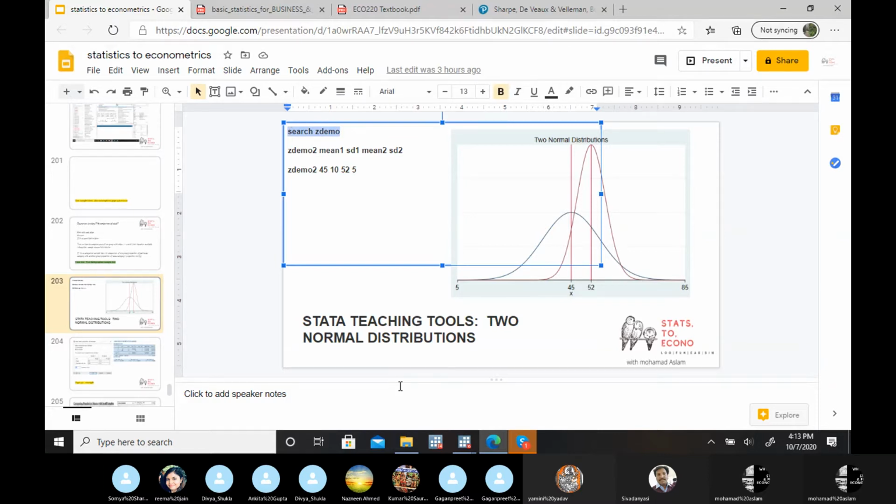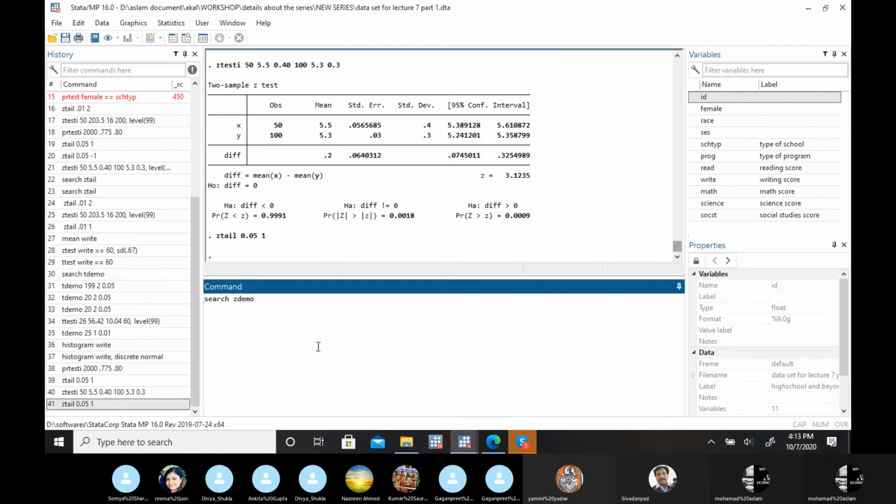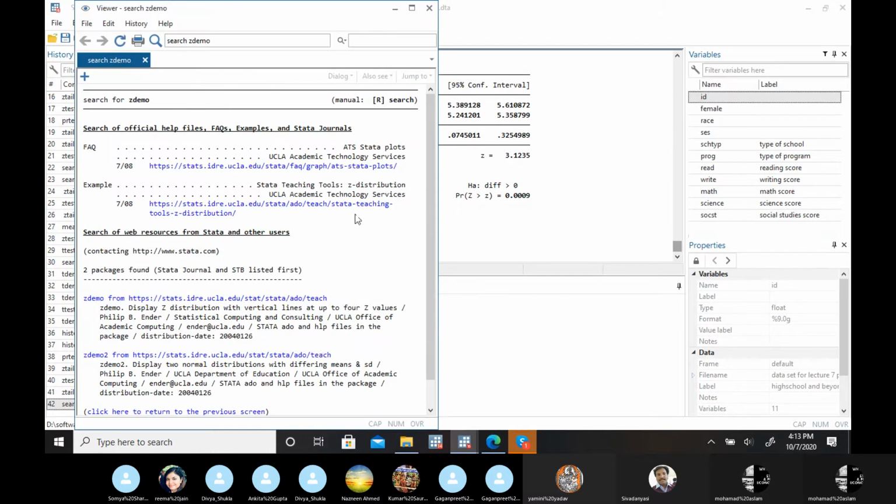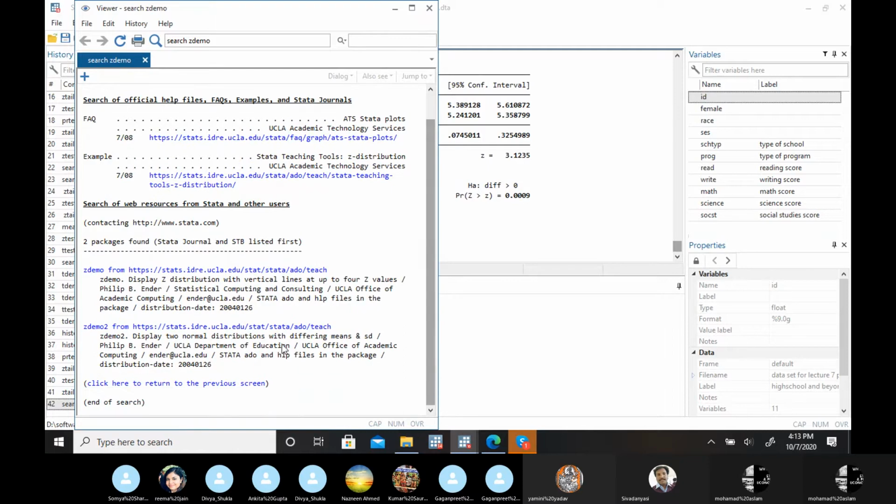If anytime you want to compare two distributions, like in this case, first you have to enter search Z demo. Now I don't know which one is working; there are two packages here. Just install both of these packages, or you can just use the second one, Z demo 2.